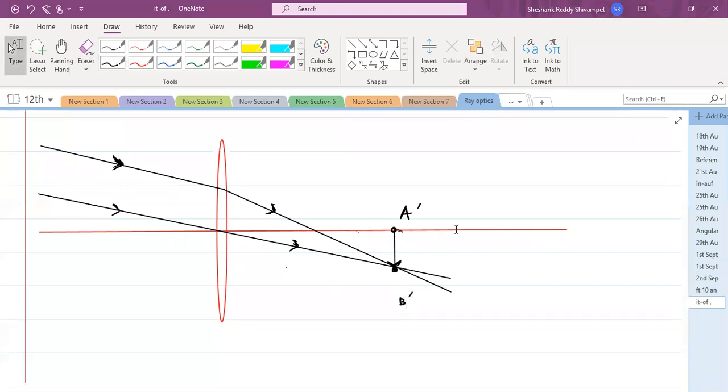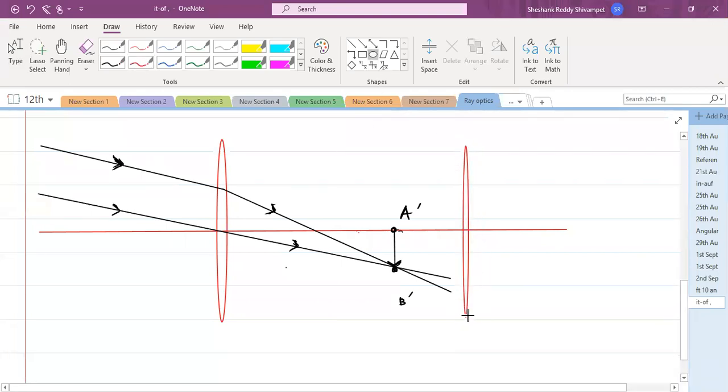Now we'll make use of another lens again. हमें एक और lens use करेंगे. We'll make use of another lens here. So let me draw that lens. Okay.